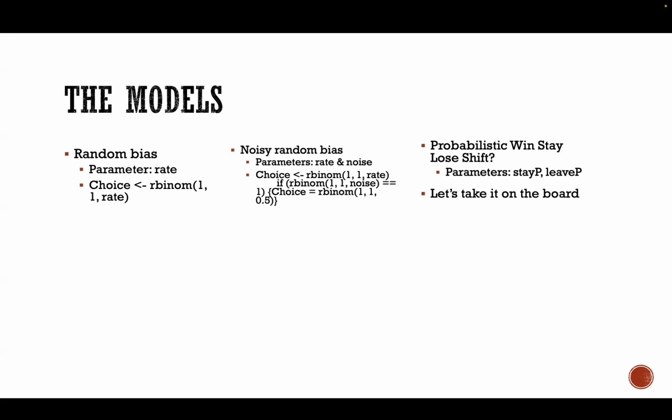Meaning that what we have here is a linear model. Actually, let's take the simple one, for simplicity. We have that the win-stay, lose-shift, our new variable, could be 1. And our beta, let's say it's a probabilistic model that's very close to deterministic, could be 3.